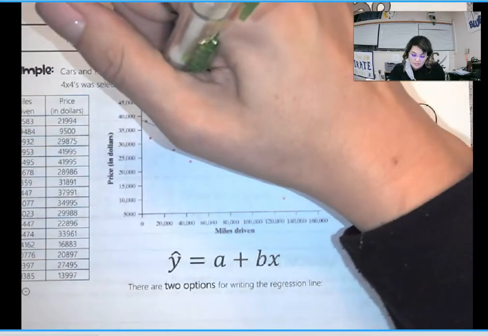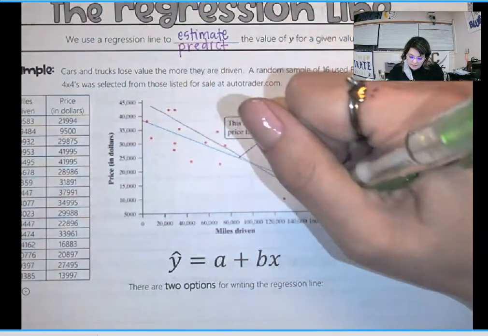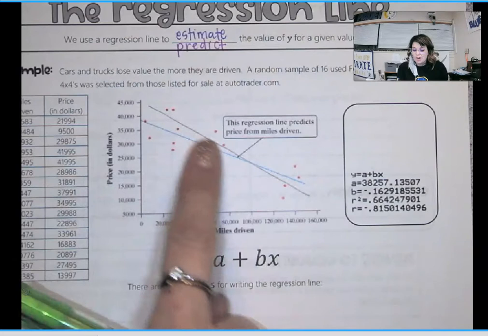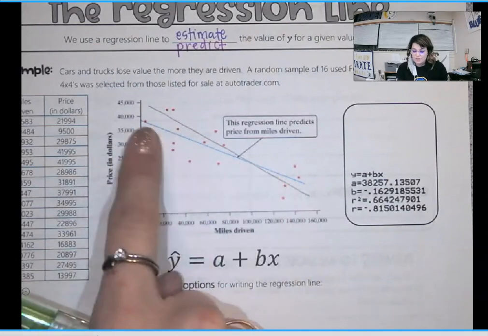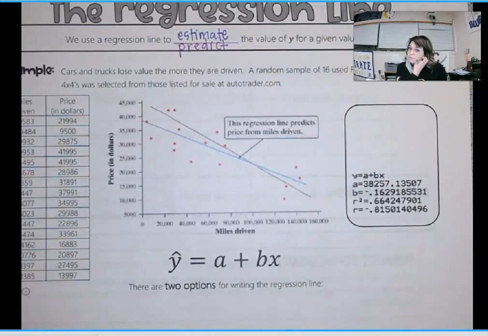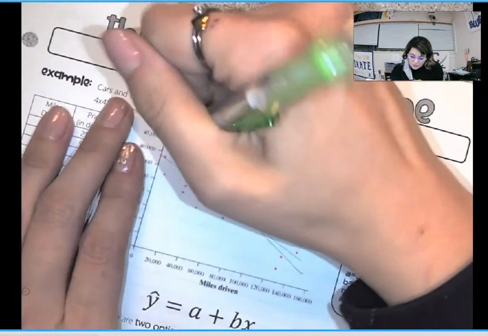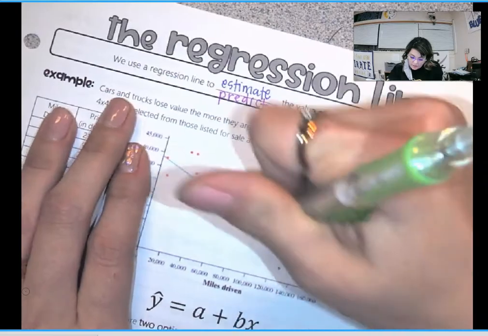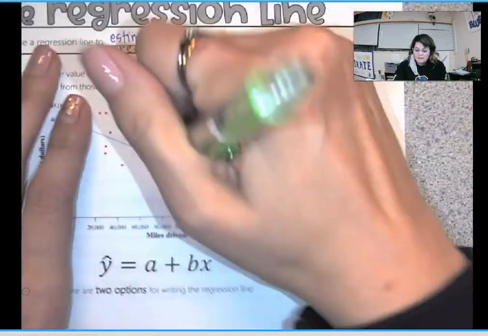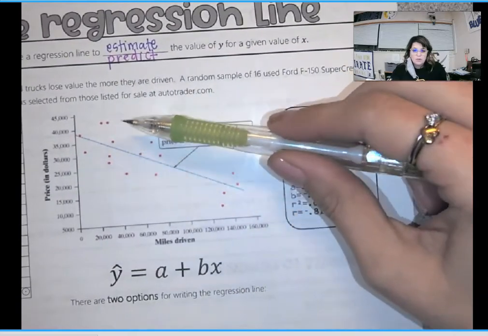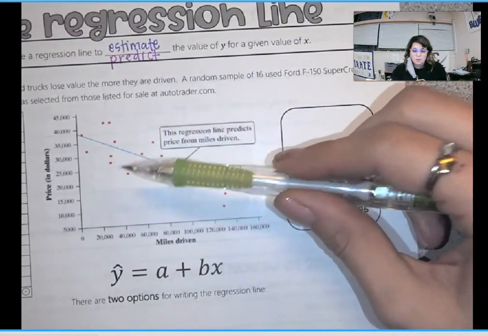For instance, if I put in a line like this, it is a negative association, but it does not fit the scatter plot as well as this blue line does. You can see on this line that has been generated that there's about the same number of points above the line as there is below the line.